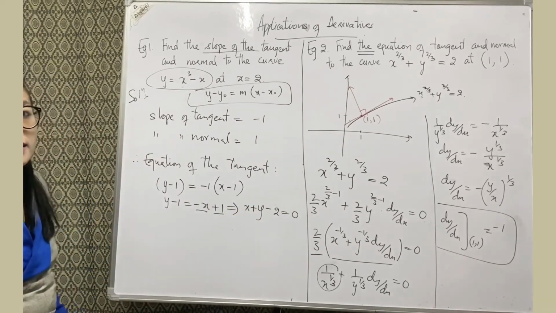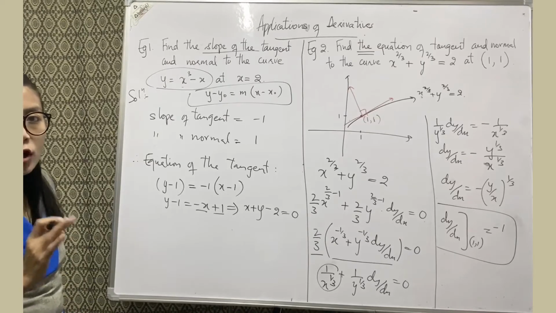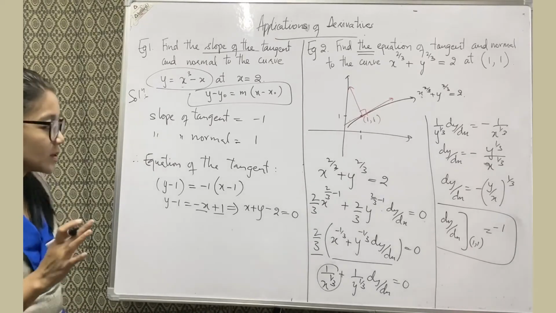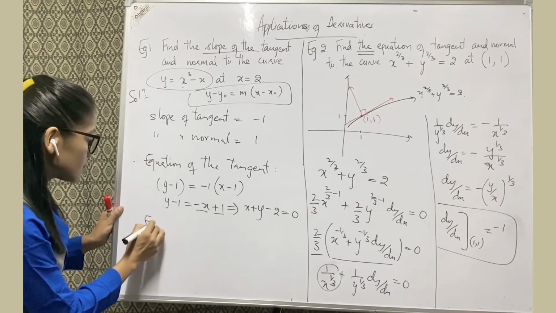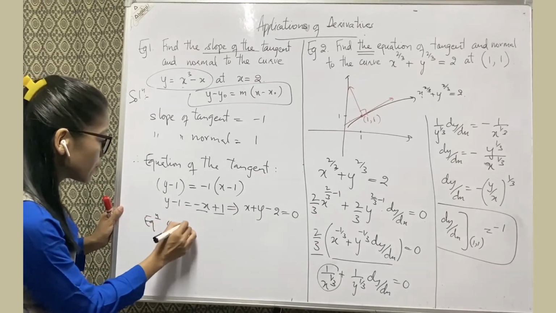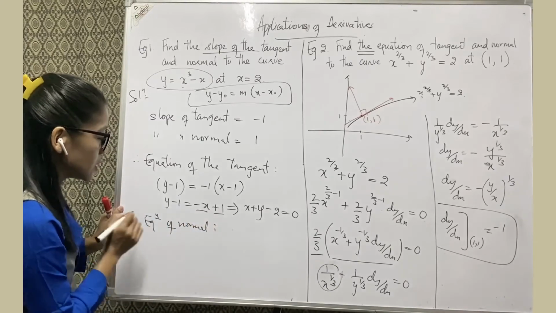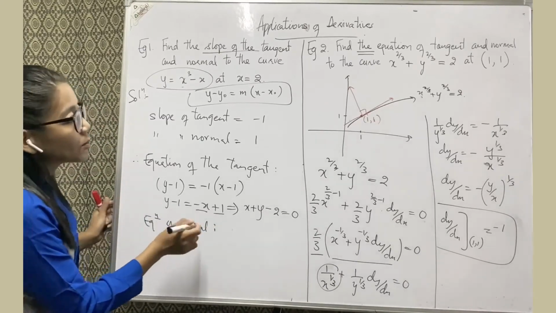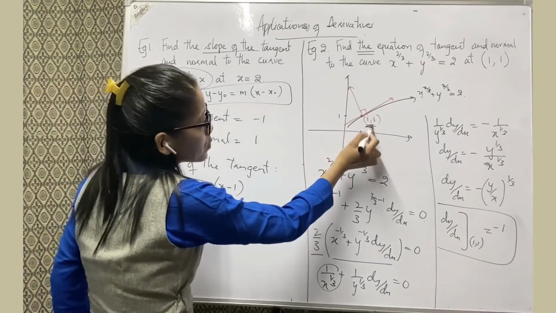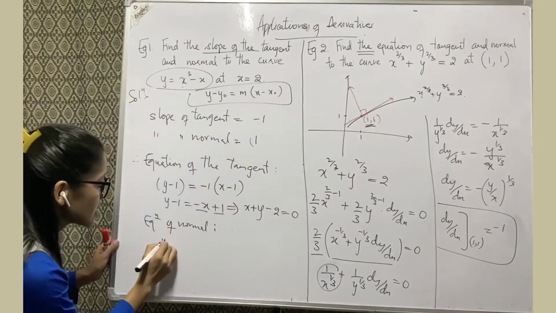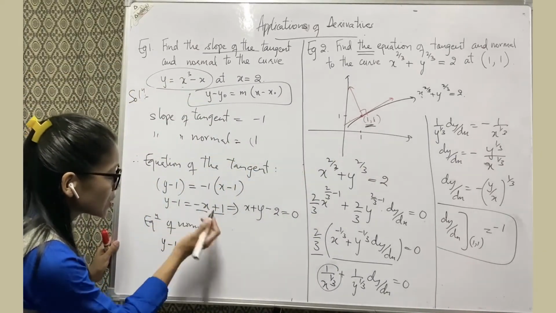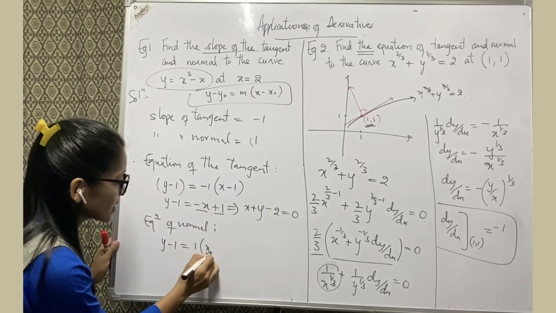Now you know that the equation of a straight line is always a linear equation in two variables. So this is how we have it. Then the equation of the normal. Again the normal is passing through this point (1, 1) and its slope is 1. So the equation is y minus 1 is equal to, now here the slope is 1, x minus 1.